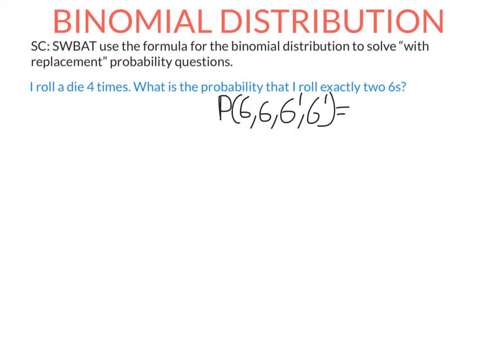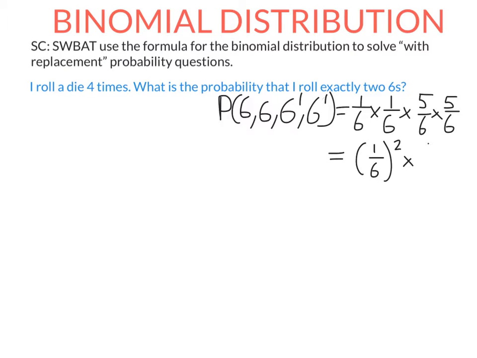Probability I get 6 on the first go is 1 over 6. The probability I get 6 on the next go is 1 over 6. The probability I get a not 6 on the third go is 5 over 6, and then same for the last one. So as I said, because they're independent, I can just multiply these together. So really, this is just 1/6 squared times 5/6 squared, right? That's the probability that this happens.